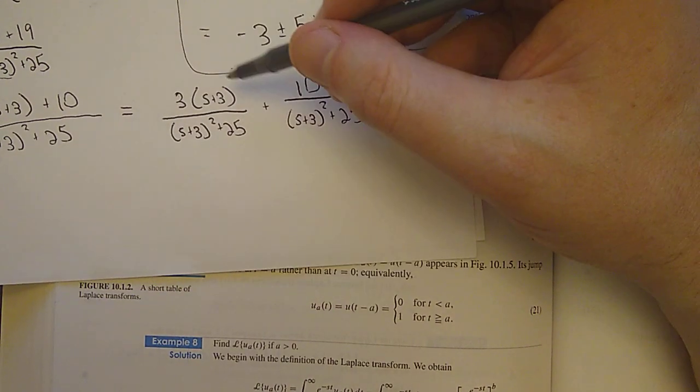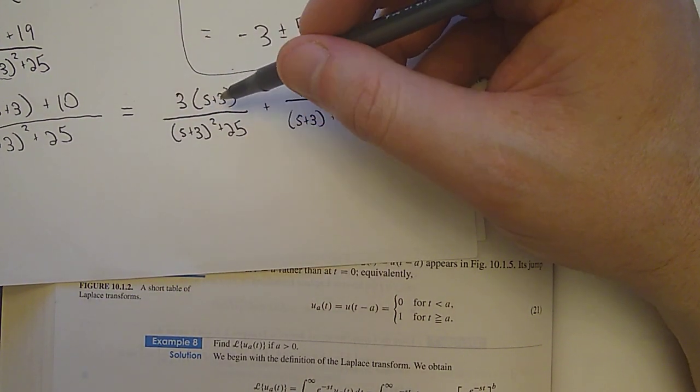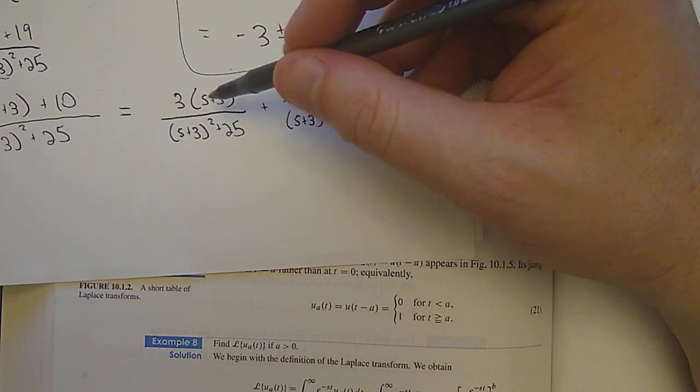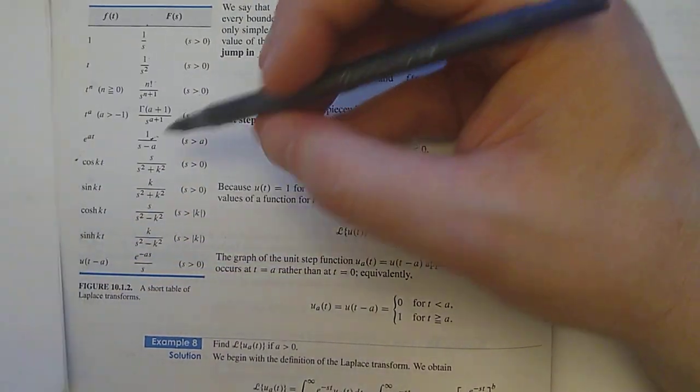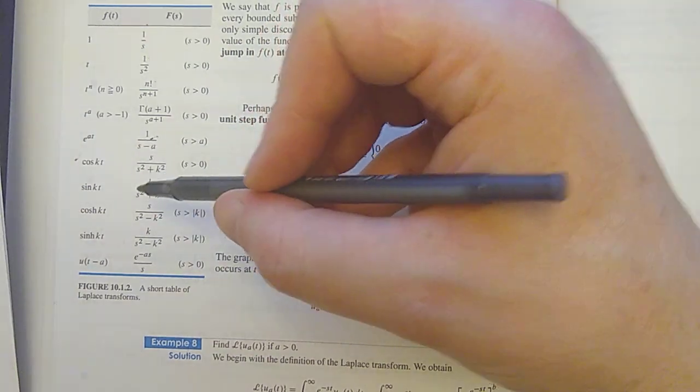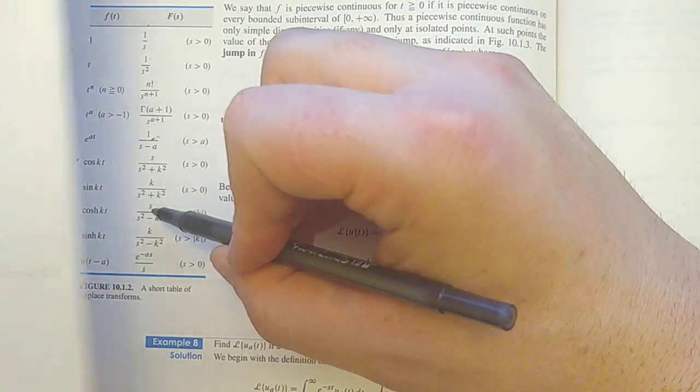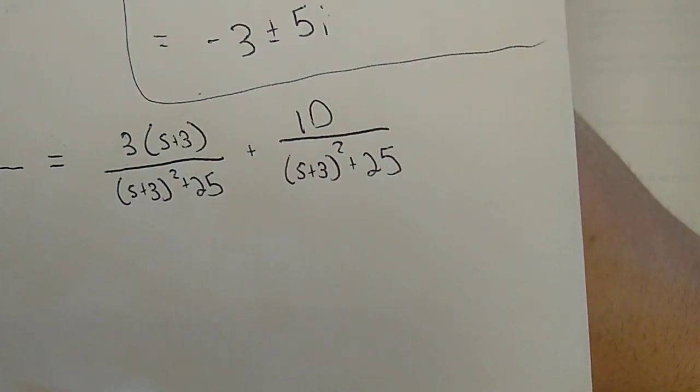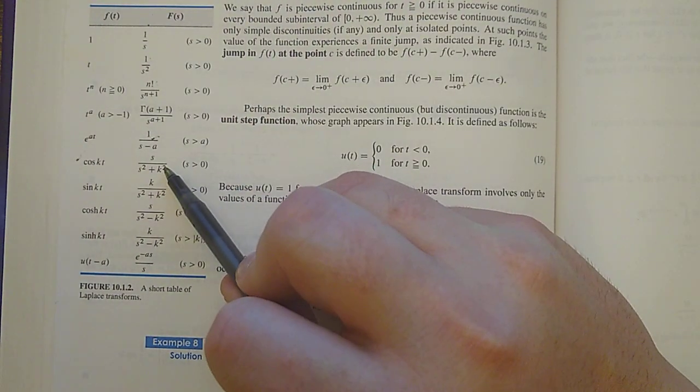So let's start to think. If all the s plus 3's were s's instead, where would I look on the chart? I would probably look here, because what I would have is 3s over s squared plus 25. Whoops, not here, I meant here.